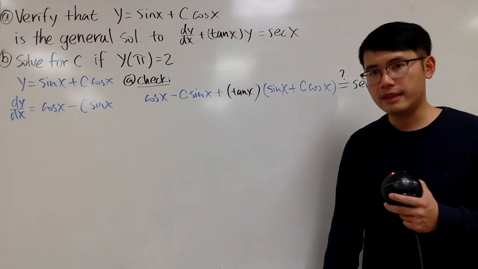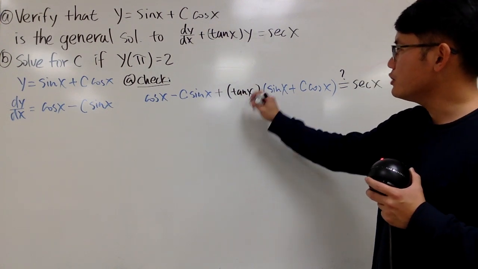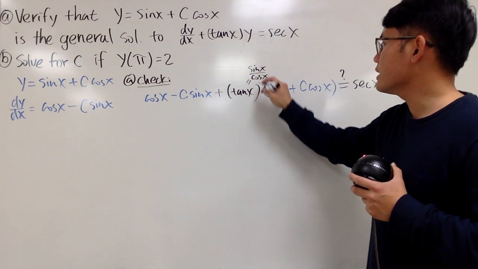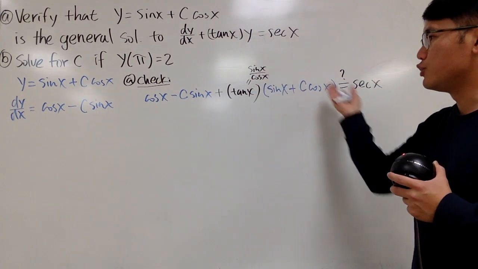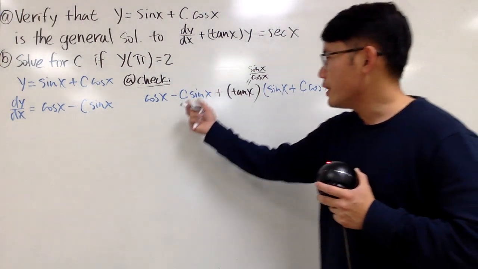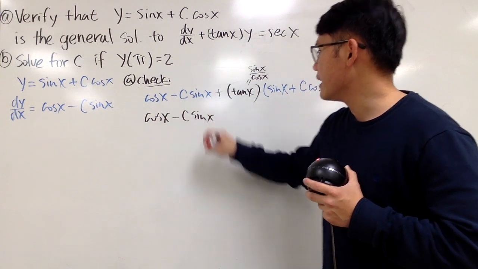And then in the end, of course, we are trying to see if this is going to give us secant x or not. Well, first of all, right here we know tangent x is equal to sine x over cosine x. So we'll just be distributing that and see what will happen after that. Here we have cosine x minus c sine x.